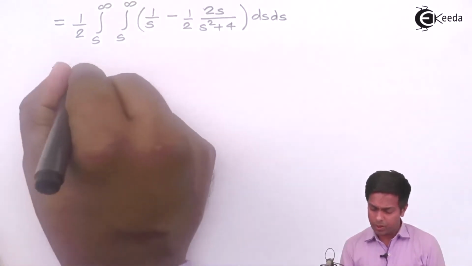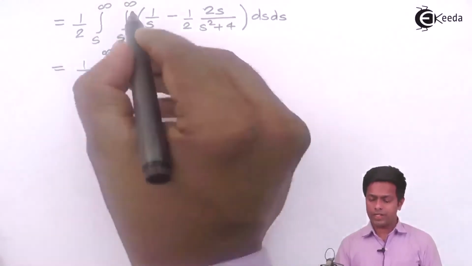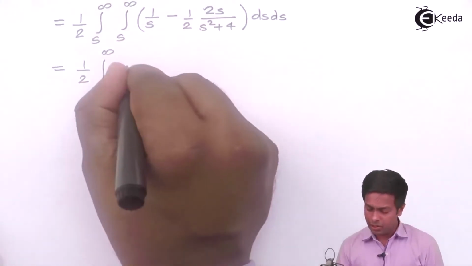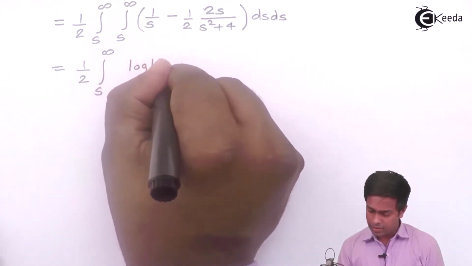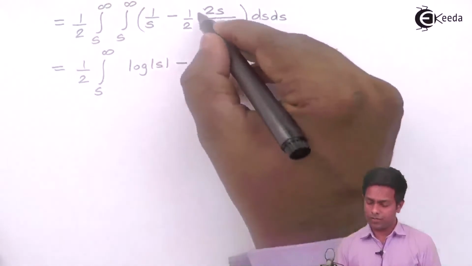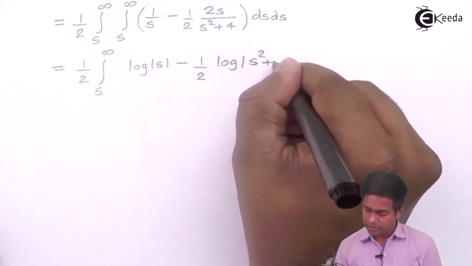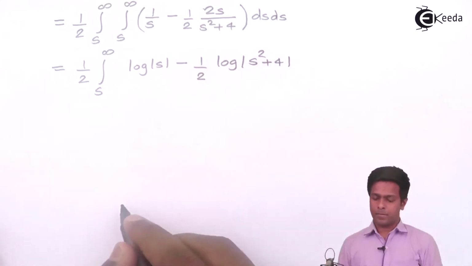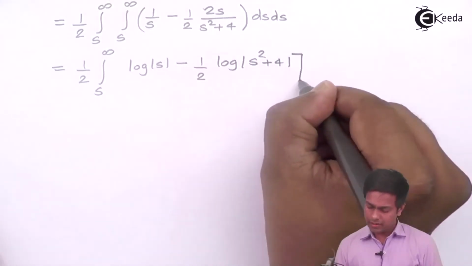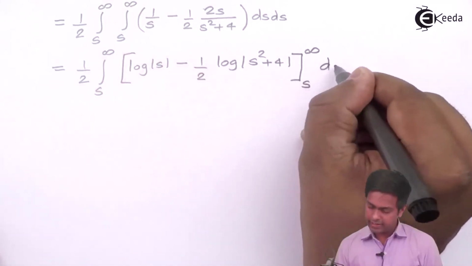So 1 by 2 as it is, integration s to infinity as it is. Now integration of 1 upon s is log mod s, minus 1 by 2 as it is. Integration of this is log mod s square plus 4, and this is from s to infinity, and here ds outside.